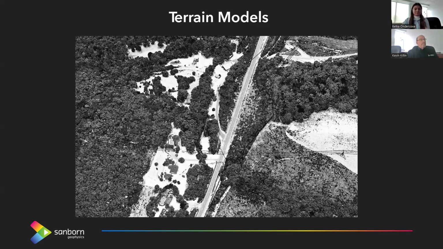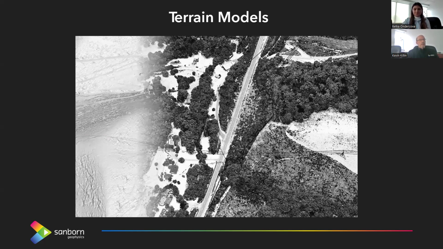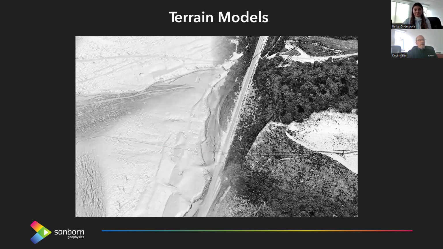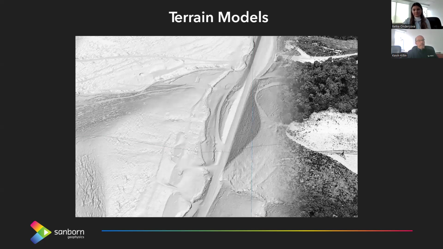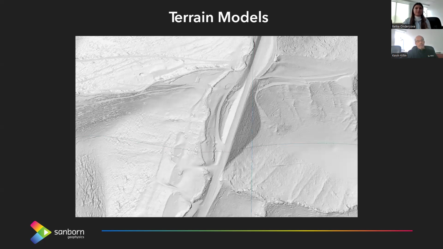So collection of LiDAR early in any project can be very beneficial in planning the ground use of your area, infrastructure planning, volumetric analysis. LiDAR can also be useful in reclamation efforts later at the end of the mining cycle or your exploration project.